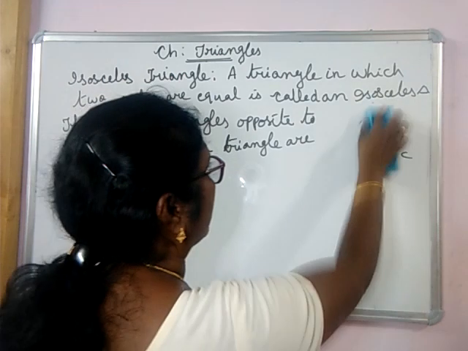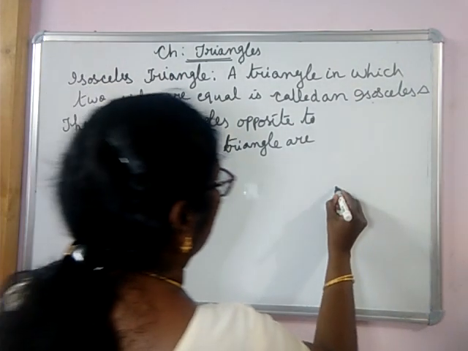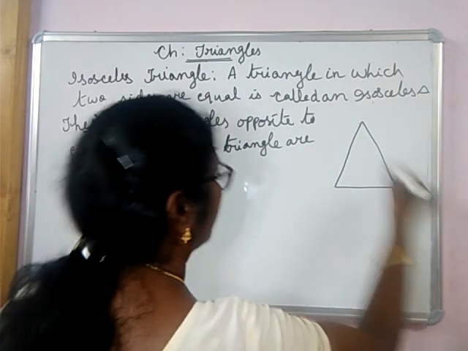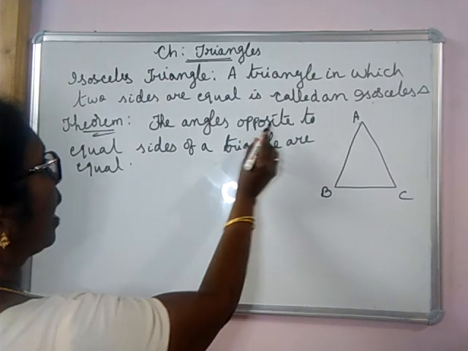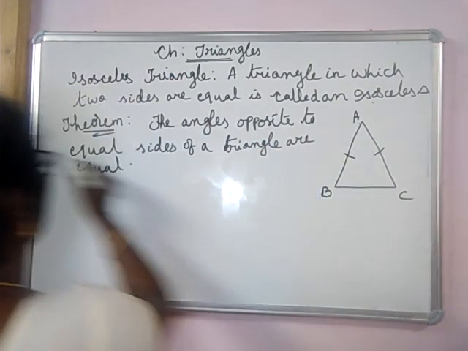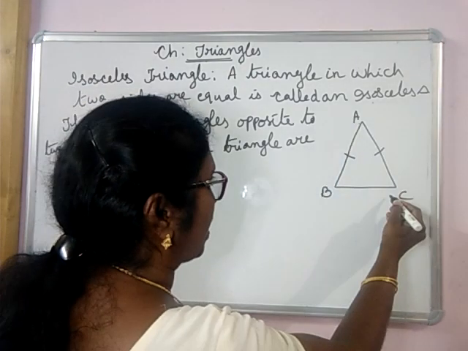Let me draw clearly. Here what is given to you is ABC is a triangle. The angles opposite to two equal sides of a triangle, you can write AB is equal to AC, given.